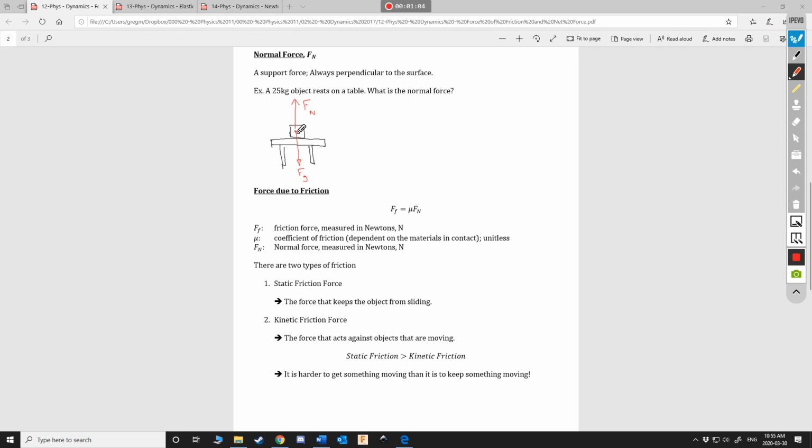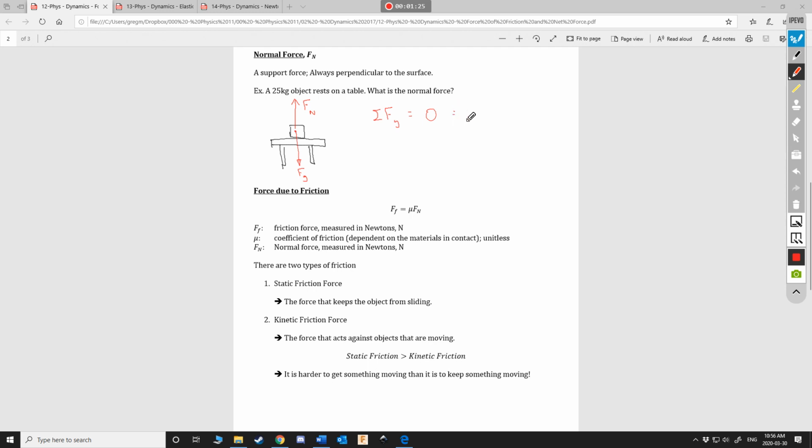So force of gravity is down. If it's stationary, it means the net force must be 0. Therefore, whatever force downwards must be matched by an upward force. So what we can say is the sum of the forces in the y direction must be 0 because it's not accelerating up or down.